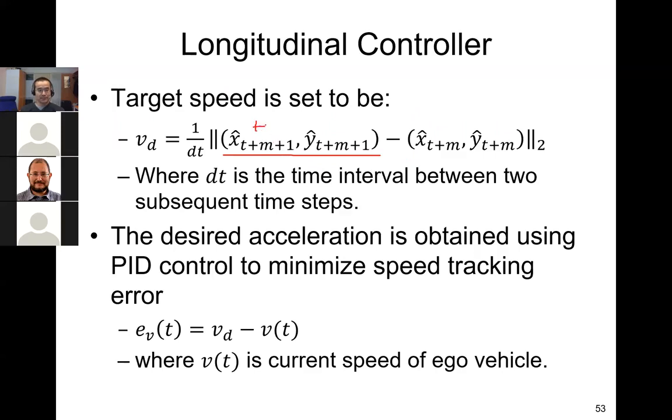So this is t+6, this is t+5. And then you divide it by the time dt. So that's your target speed. A desired acceleration is obtained to minimize the difference between the current speed and the target speed from the planning, from the DNN produced reference trajectory.